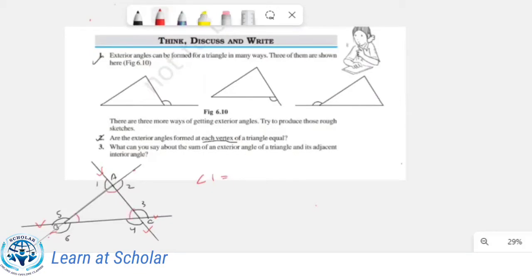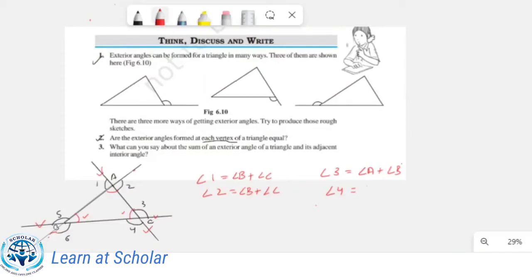Angle 1 is equal to the two interior opposite angles, angle B and angle C. In the same manner, angle 2 is also equal to the sum of two interior opposite angles.